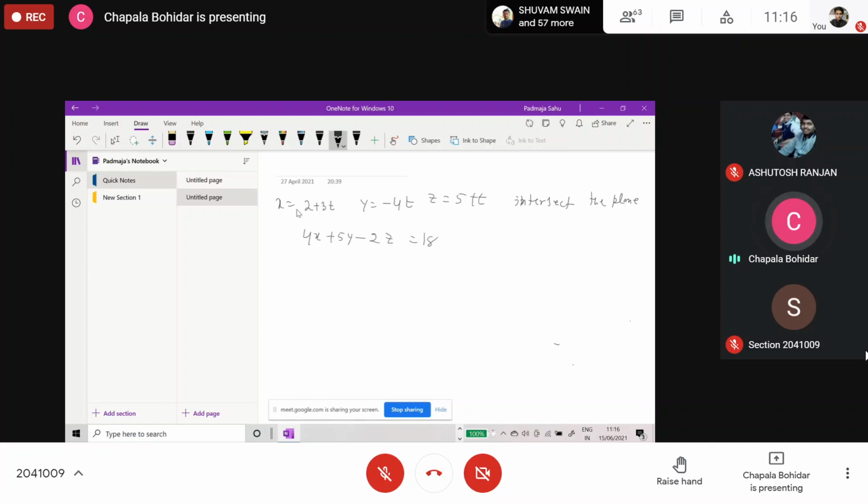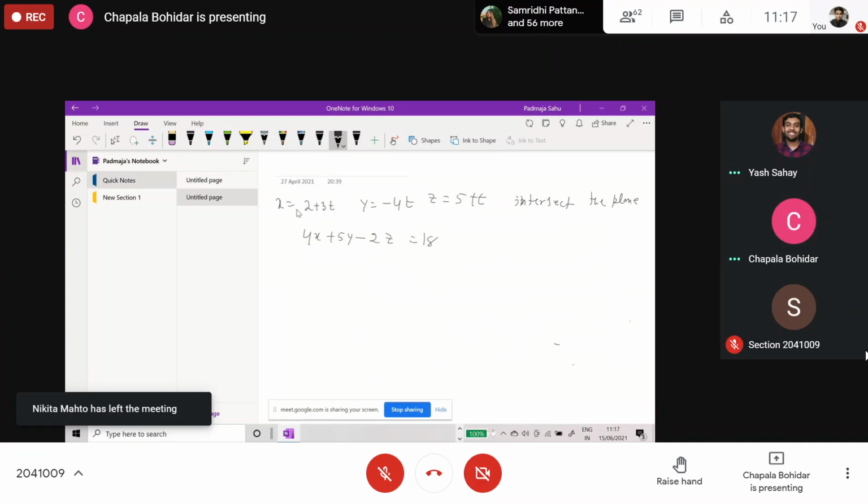What will you do here? Ma'am, we will put the values of x, y, z from the line into the plane equation and solve for the value of t. And after getting the value of t, you put it into x, y, z, and that is the point. Yes, ma'am.